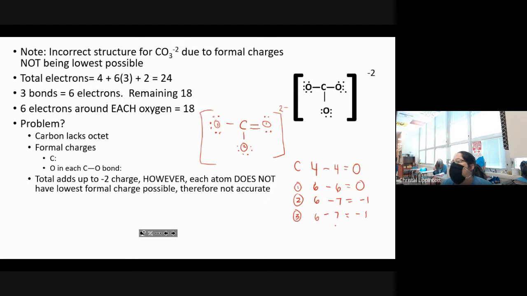So the formal charge for this whole thing is -2, which corresponds to the ion's charge. If that ion has a charge on it, then you're going to have a formal charge of that same amount in total. If not, it should be 0.